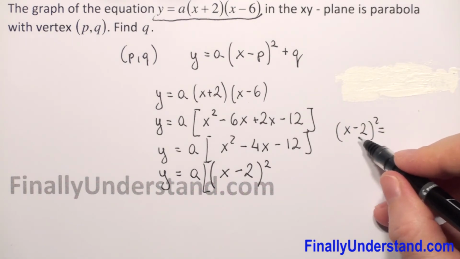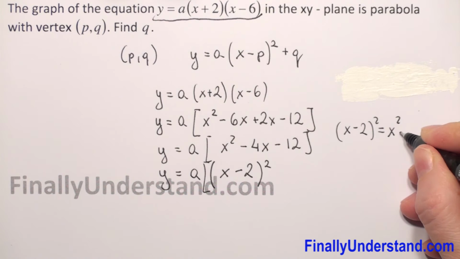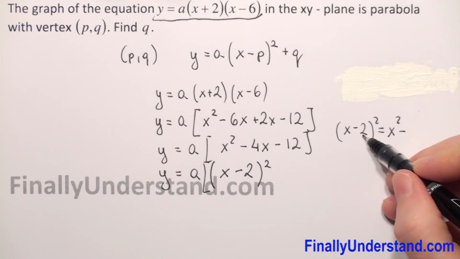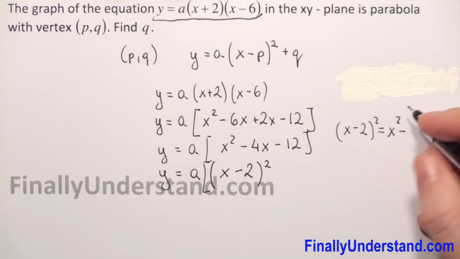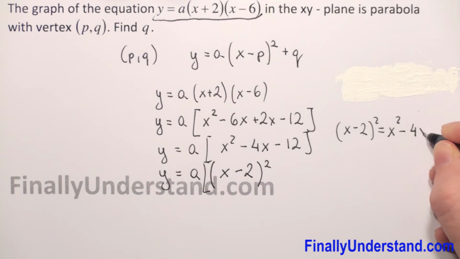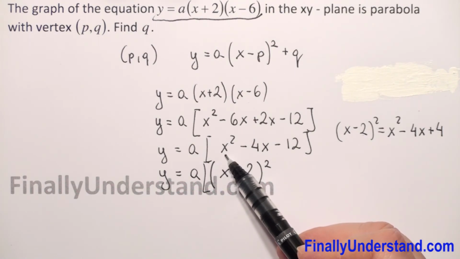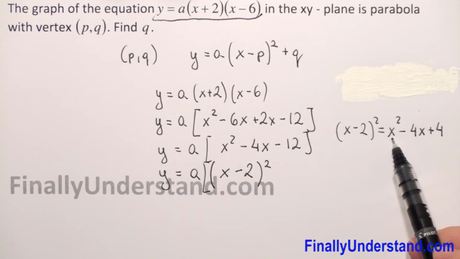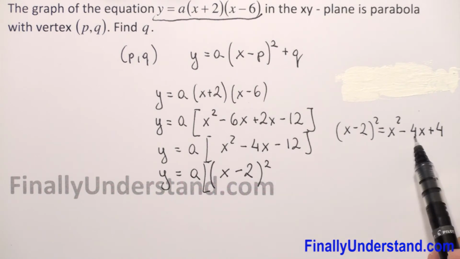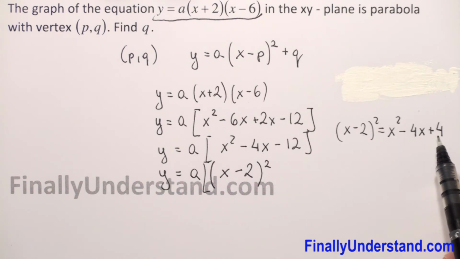(x minus 2) to the second power, this is it. We have the square of a difference, so we have x squared minus 2 times x times 2, so this is 4x, plus 4. And at the beginning we have x squared, so we have x squared now also. Negative 4x, negative 4x, and also we have plus 4.